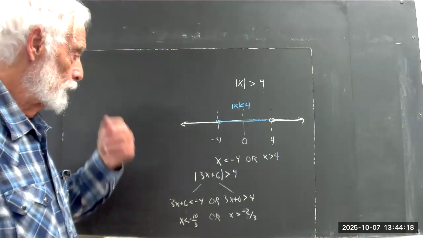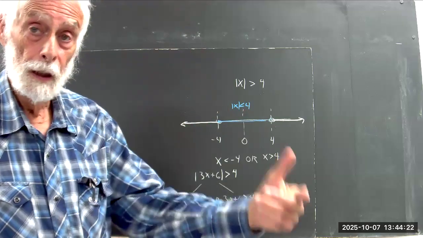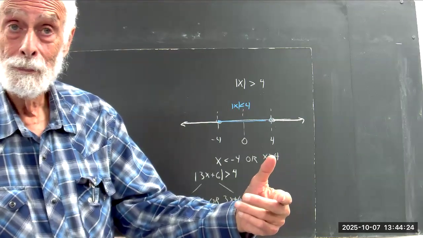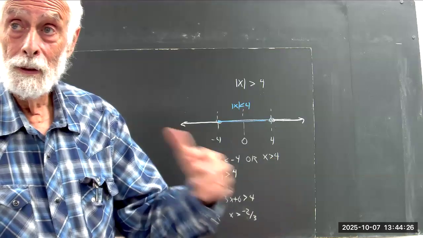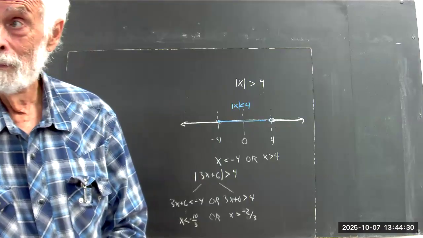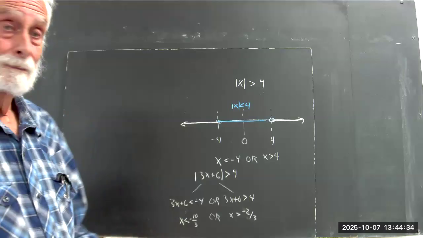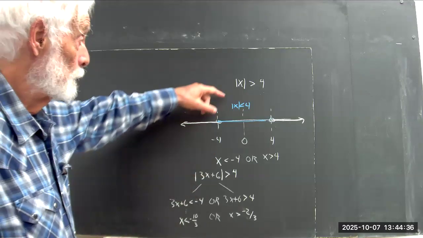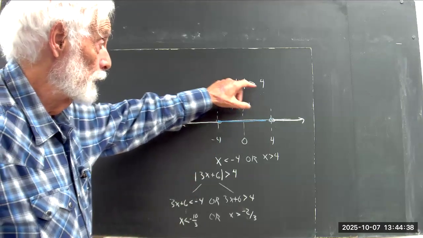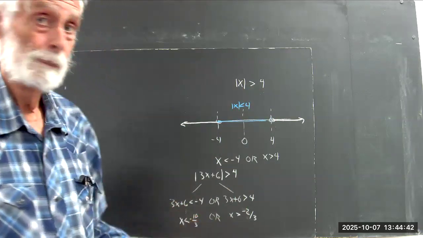If you have an inequality where you got some absolute value less than a number, then that breaks into two inequalities with an and, as you saw in the previous. When it's an absolute value greater than a number, it breaks into two inequalities with an or.